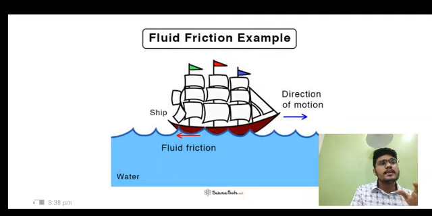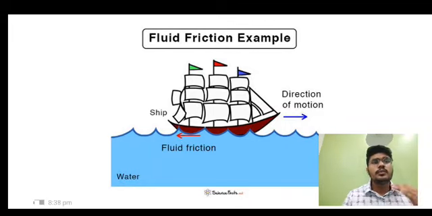The fluid applies force in the opposite direction because of irregularities only. So this is what is happening. The boat is moving in forward direction, the fluid is applying force in backward direction. Then the boat is experiencing some drag, and the drag is because of fluid friction.